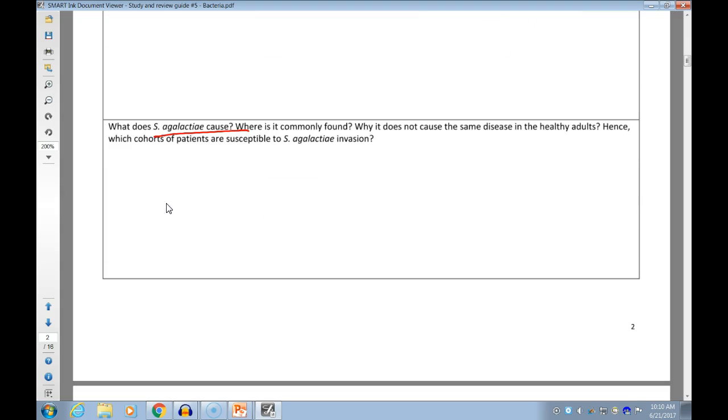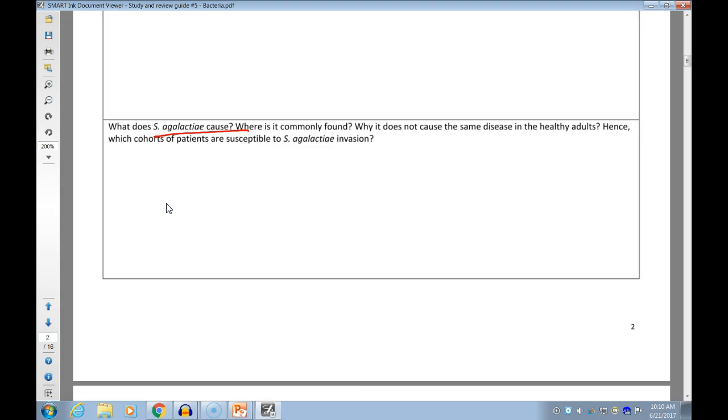Strep agalactiae: neonatal meningitis, can be a component of the microbiome. Why do healthy adults not have the same disease as kids? Because kids, as well as elderly and immunocompromised patients, do not have a proper immune system.